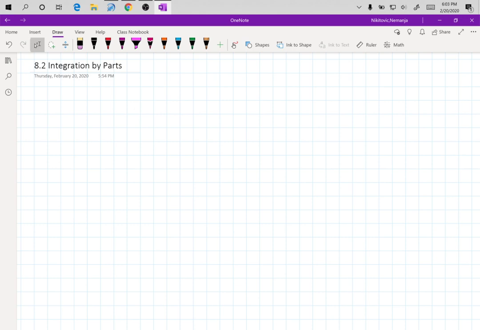And product rule, yes. So, the chain rule from Calc 1 has u sub as a backwards procedure. Product rule from derivatives from Calc 1 will have integration by parts as a backwards procedure.